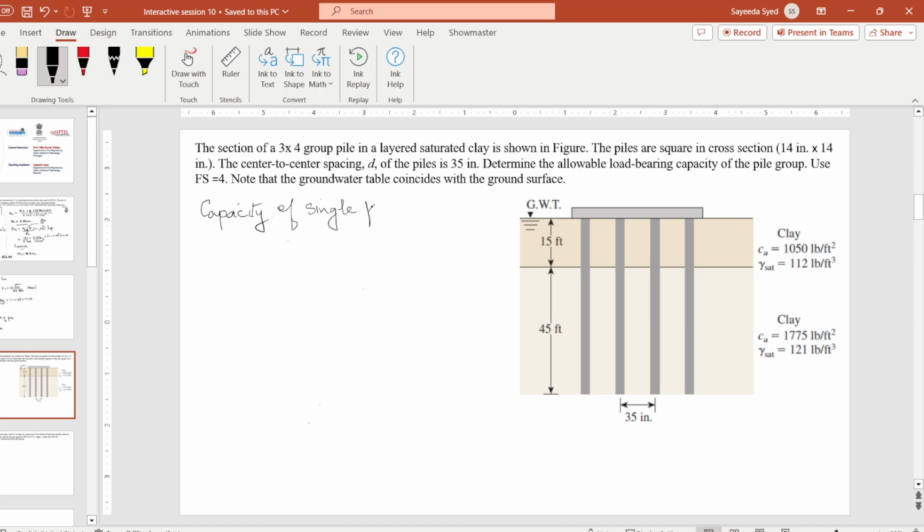So our Qu equals Qpu plus Qsu. This is due to end bearing and this is due to friction.